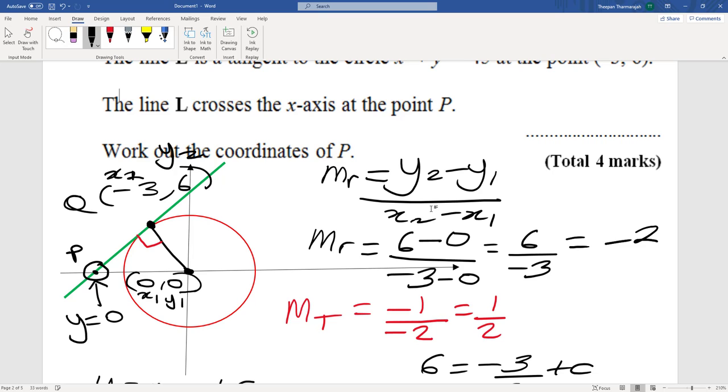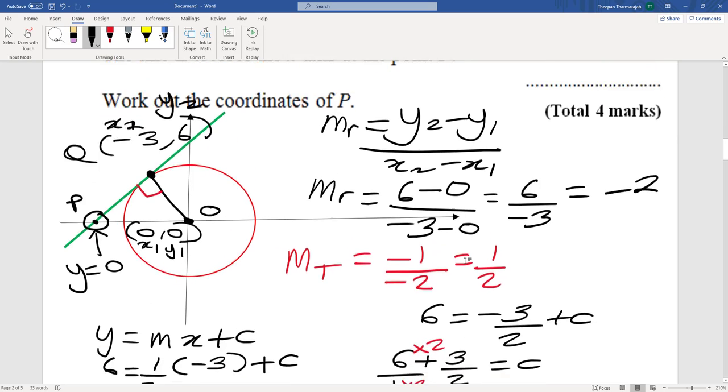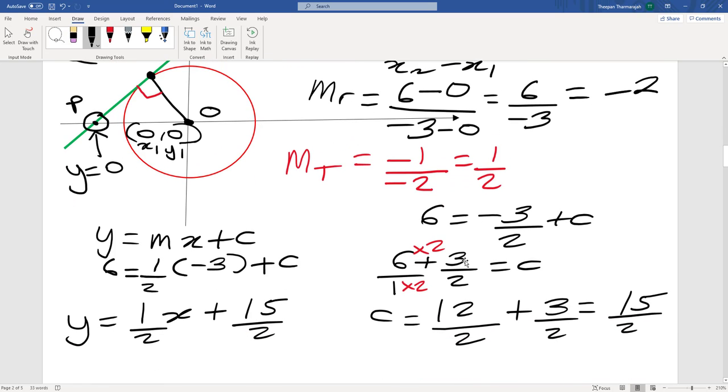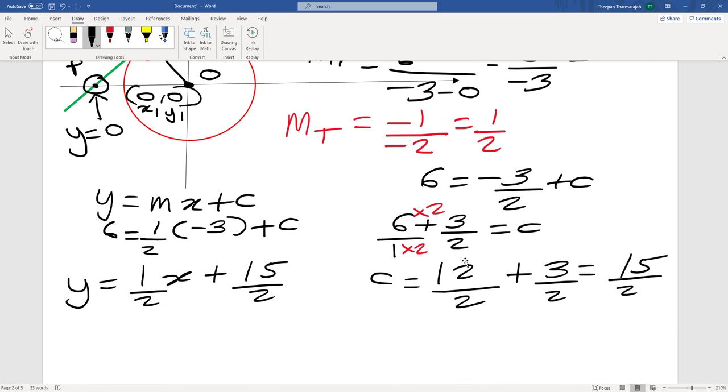So I'm going to call the origin O. We take our equation and make y equal to 0, and we say a half x plus 15 over 2 equals 0.